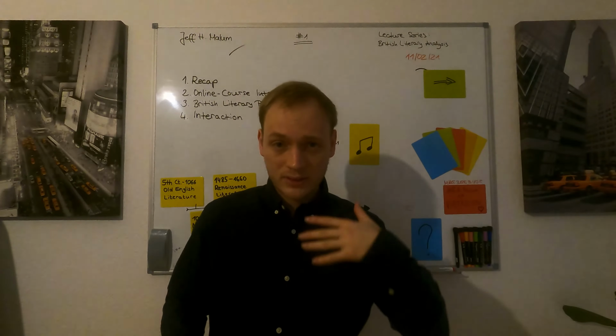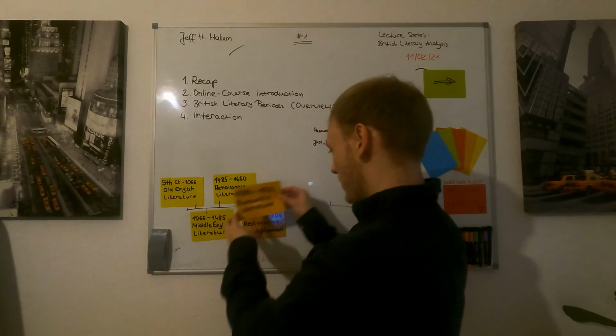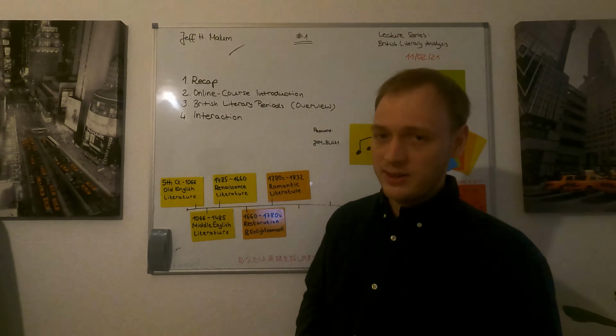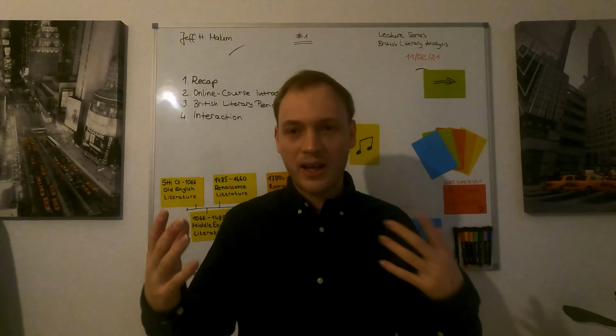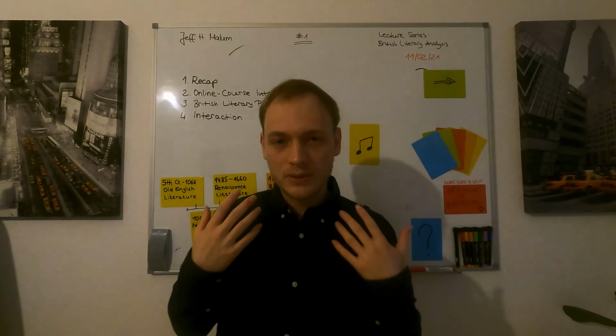Around that period, there was the start of the Romantic period, and I think everybody has heard before of Romanticism as a literature period, even if you don't have huge knowledge about British literature, I think you probably heard about that.